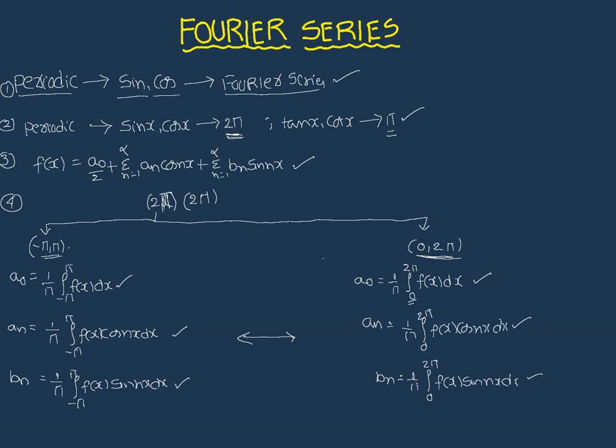Next, we require some important formulas to solve Fourier series problems. We will discuss them one by one. The first formula to remember is sin n pi is equal to 0. Next, sin 2n pi is equal to 0. Next, cos n pi is equal to minus 1 whole power n.